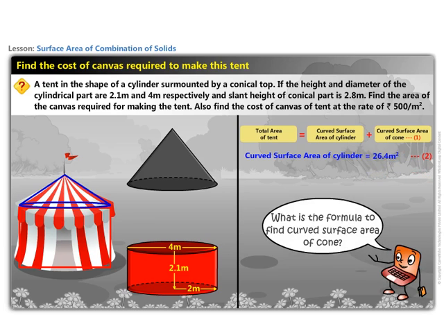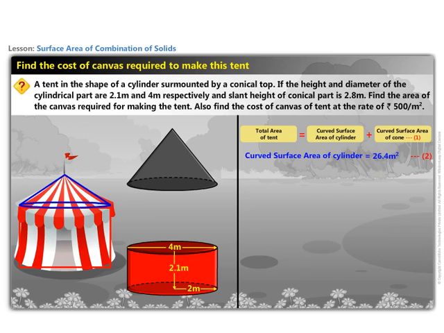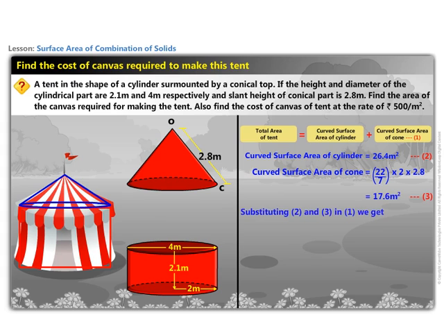What is the formula to find the curved surface area of a cone? We know that the curved surface area of a cone is equal to πrl. It is given that for a cone, its slant height OC is equal to 2.8 meters. Substituting the given values and simplifying, we get the curved surface area of the cone equal to 17.6 meters square.